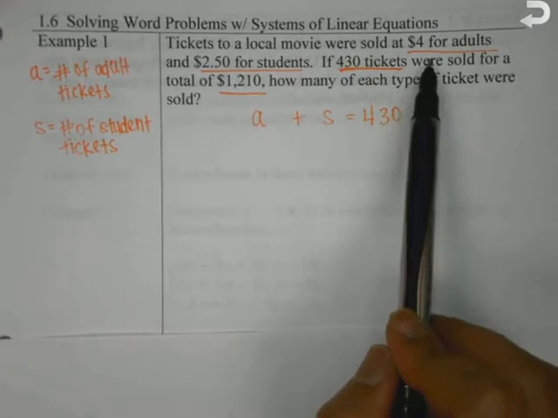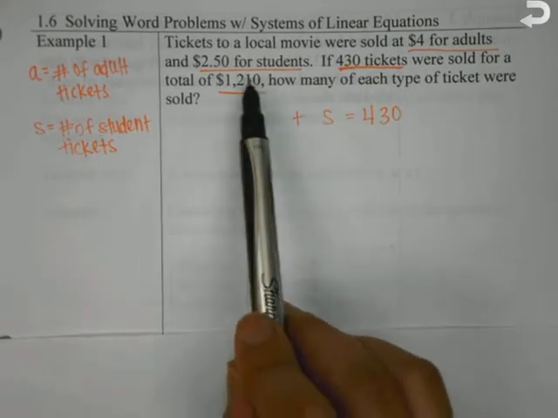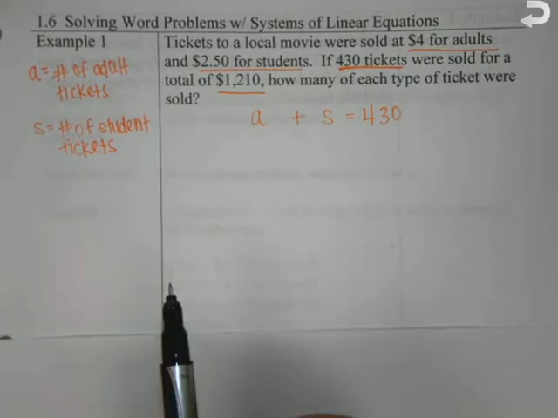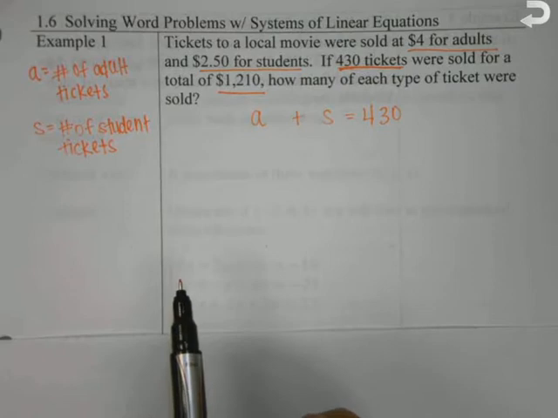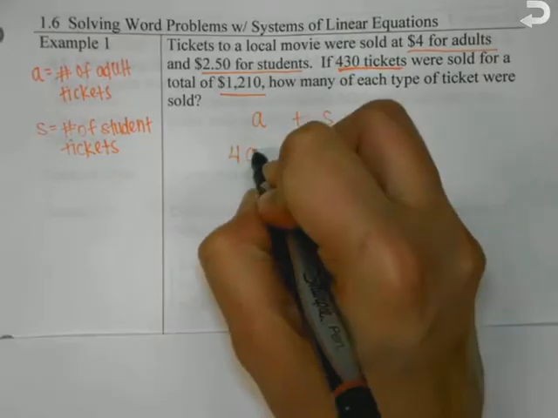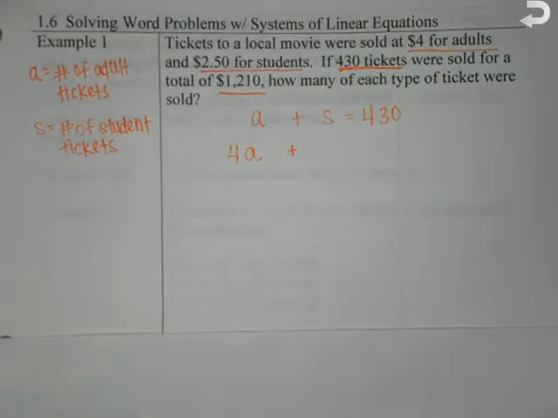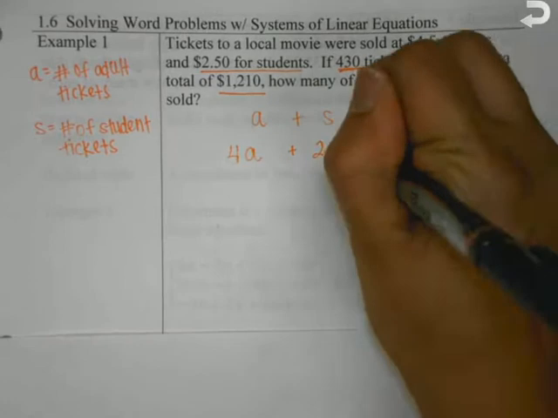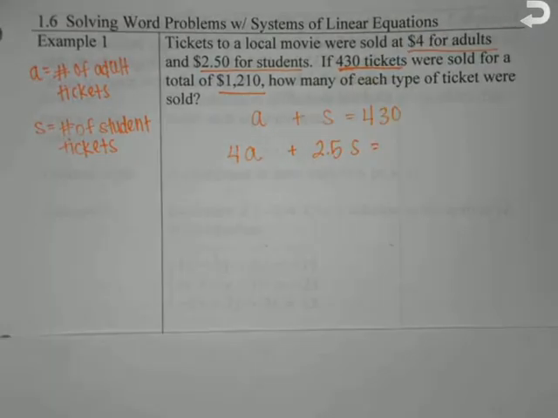So then how could I represent the number of tickets sold? How much money would I have made if I don't know how many tickets I sold? That would be 4 times A, right? Plus, what about student tickets? 2.5 S equals, so this is how much money I made from adult tickets.